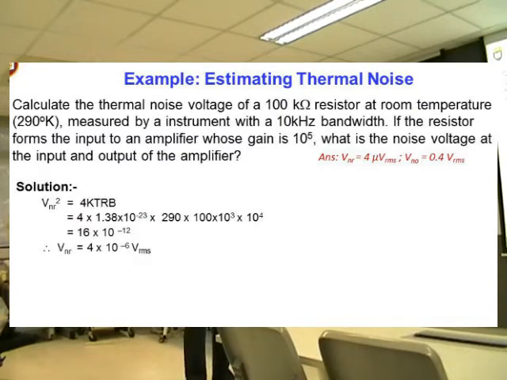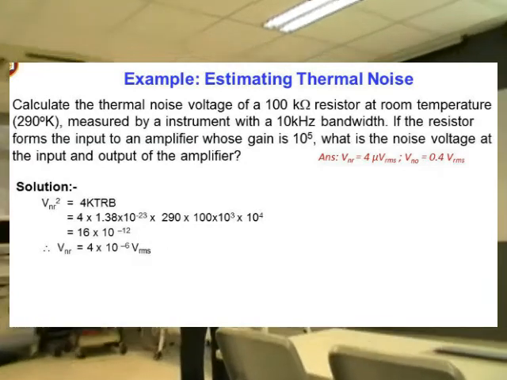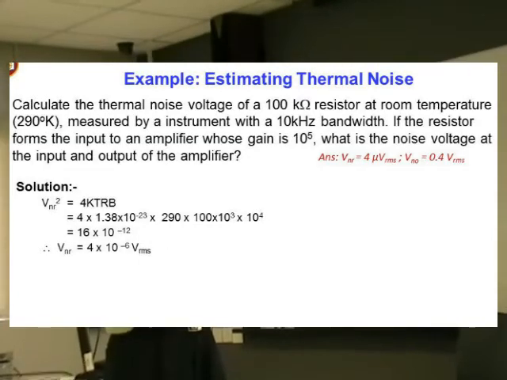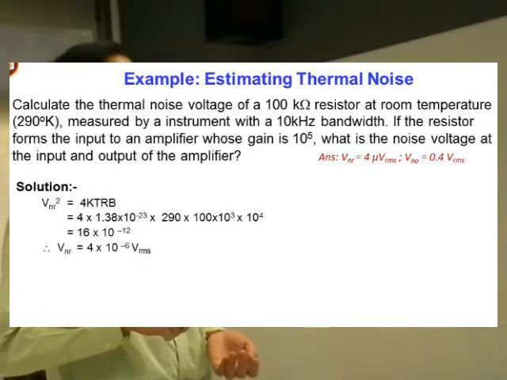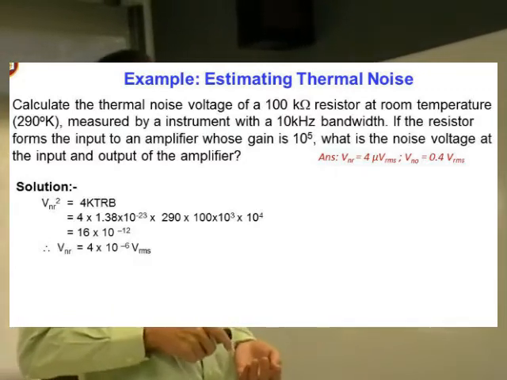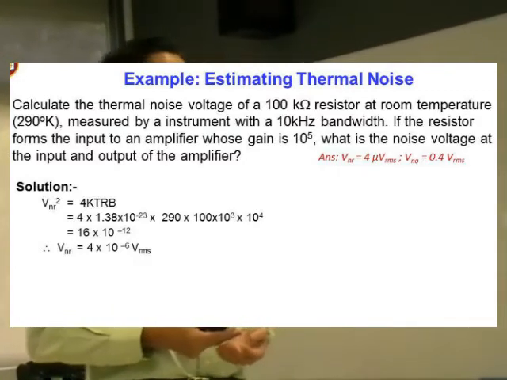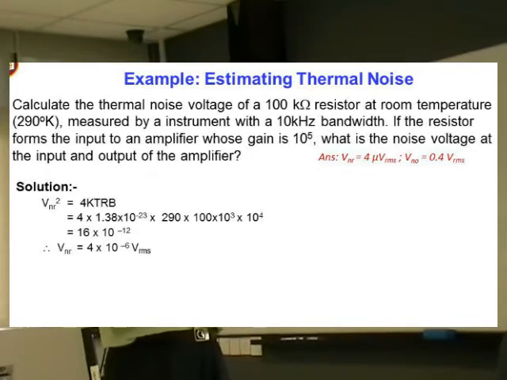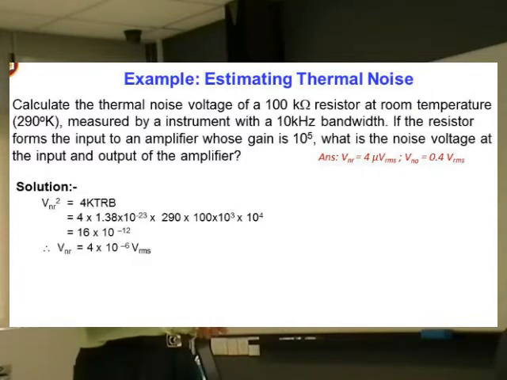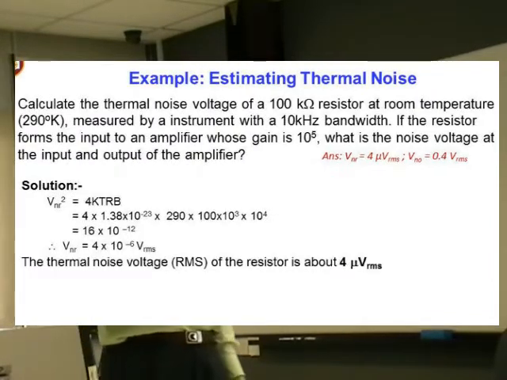Then we multiply by the resistance, 100 kilo ohm. And then the bandwidth. What's the bandwidth? Bandwidth is 10 kilohertz. Since B is supposed to be measured in hertz, that's 10 to the 4. So you have that number there. When you multiply all this out, it turns out to be about 4 microvolt RMS.